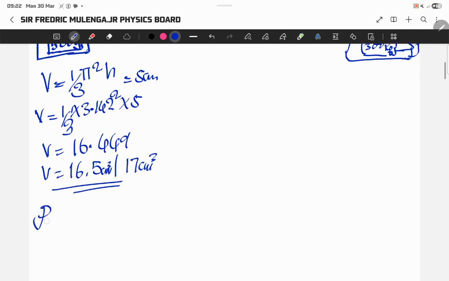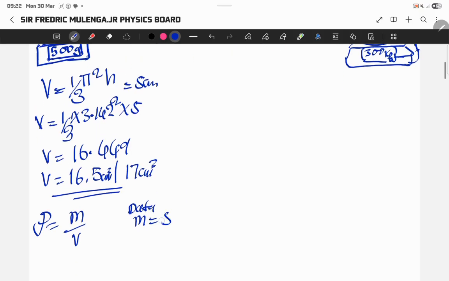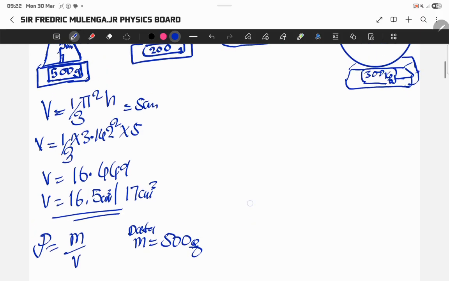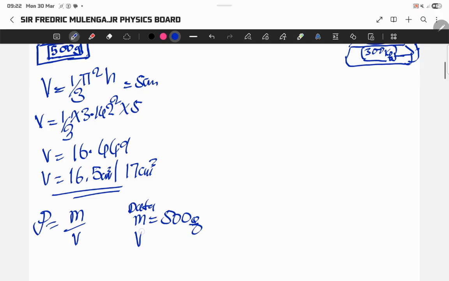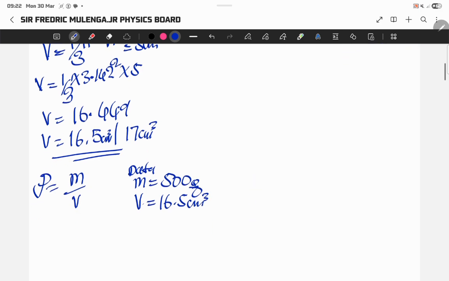So density is equal to mass over volume. According to the data given, the mass of this cone is just 500 grams. There is no need to change the SI unit here. Then the volume calculated is 16.5 centimeters cubed. Then we substitute in the formula: 500 divided by that. Go ahead and solve on your calculator.